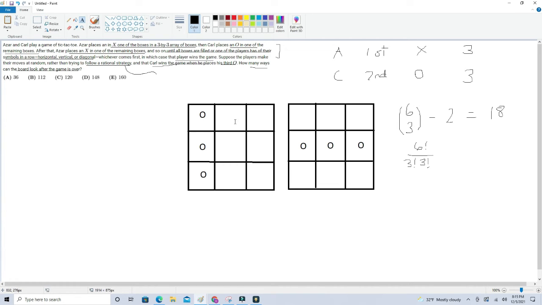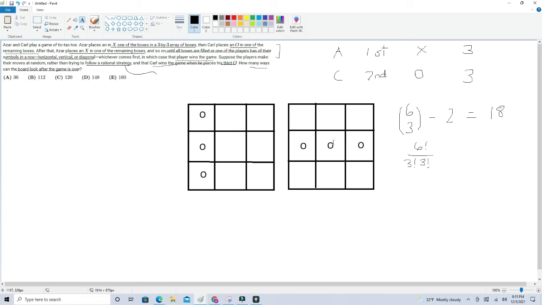We need to pick 3 of these cells such that Azar does not win with his 3 x's, so no 3 x's are in the same row. So once again, we can take 6 of the remaining squares and choose 3 of them to get the total number of ways to put 3 x's in 6 cells, and then we can subtract the 2 cases where Azar wins: if all the x's are in this middle column, or all of them are in this end column.